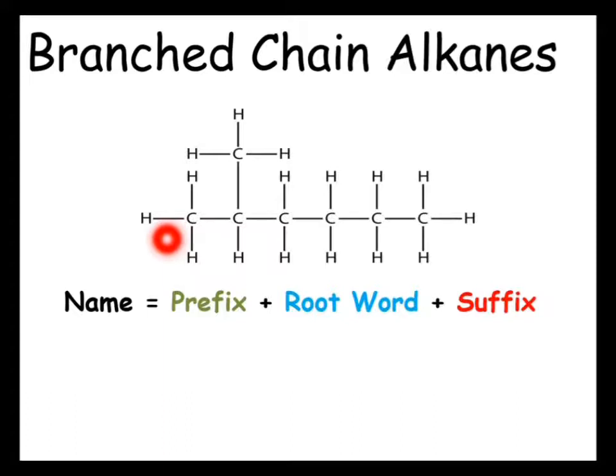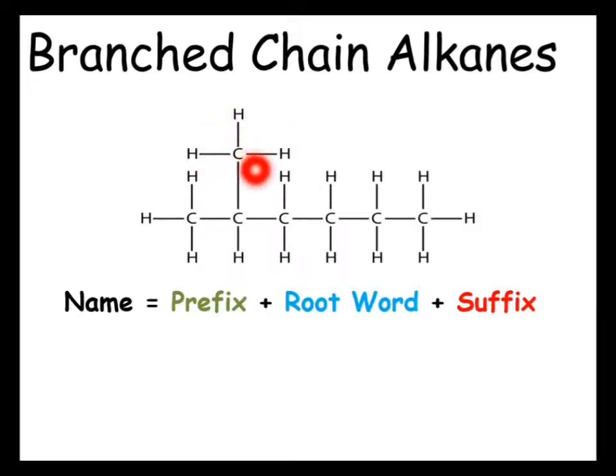Check out this example. We have a long chain of carbon atoms, but on the second carbon atom in the long chain, realize that there is one carbon atom appending from the second one, found on top of it. Normally it should be a hydrogen atom here, but it has been replaced by this carbon and the hydrogen atoms surrounding it.